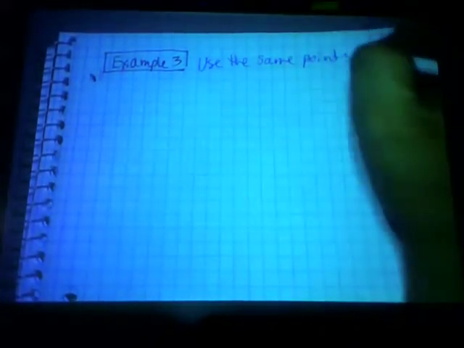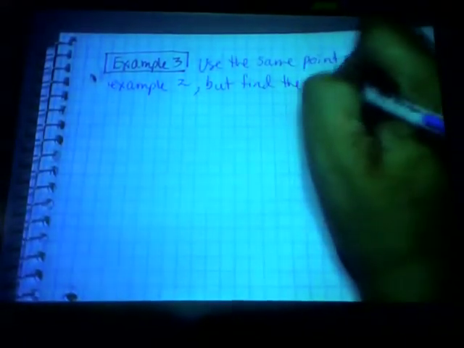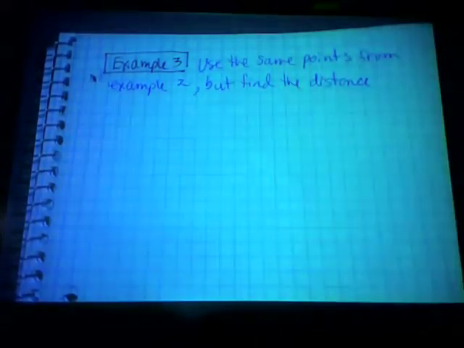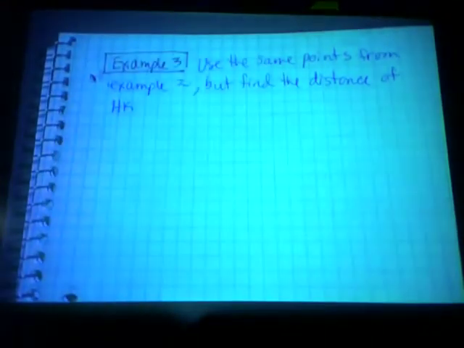We are going to use the same points from example 2, but find the distance of HK using the distance formula.